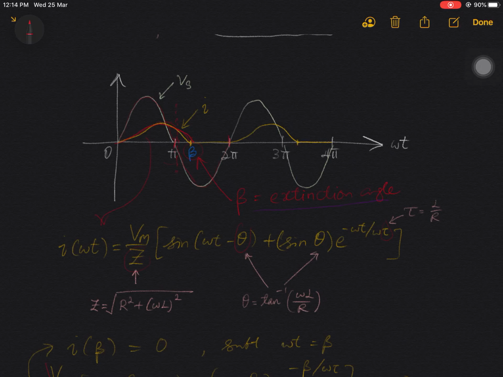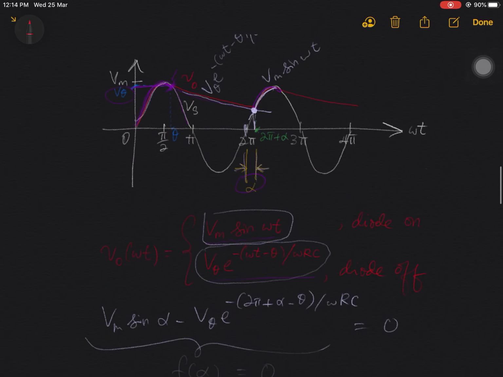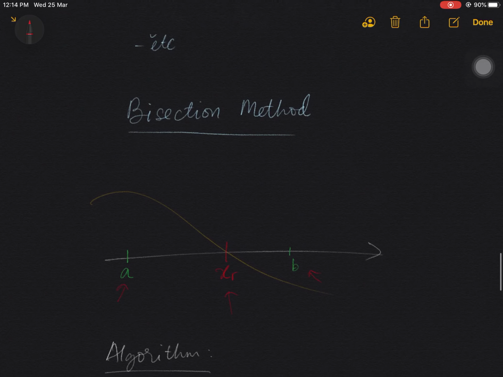So maybe we can say A equals pi, B equals 2 pi. Or we can even assume that beta lies between pi and 1.5 pi, or 3 pi over 2. So we can also say A equals pi, B equals 3 pi over 2 as the initial brackets. Okay, back to the problem.